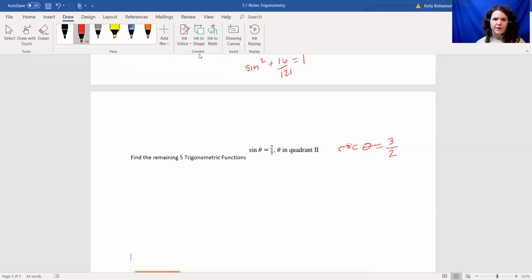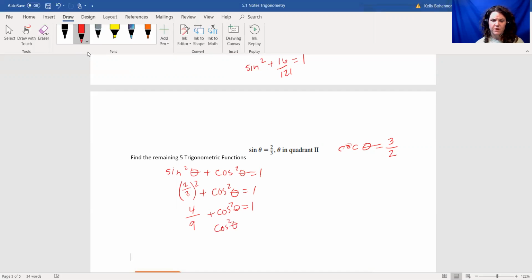And then we can use sine squared theta plus cosine squared theta equals 1. So let me replace sine theta with 2/3. So let's do 2/3 squared plus cosine squared theta equals 1. So that's 4/9 plus cosine squared theta equals 1.